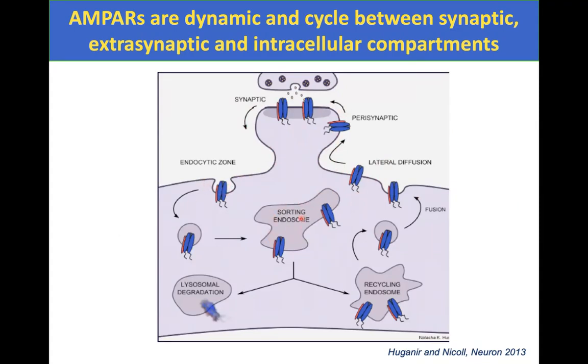They can be transported to an intracellular compartment called the endosome, where they can either be recycled back to the plasma membrane or targeted for degradation. And all of this happens continuously in the lifetime of neurons, because unlike other cells that can replenish themselves throughout our lifetime, such as our skin, our hair, our blood, the neurons that we were born with are basically the only ones we're going to get.